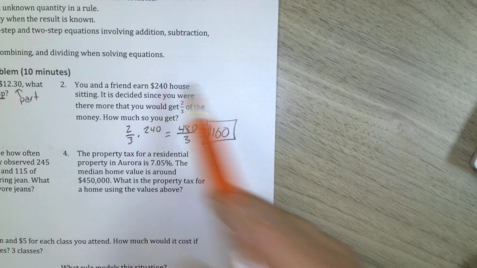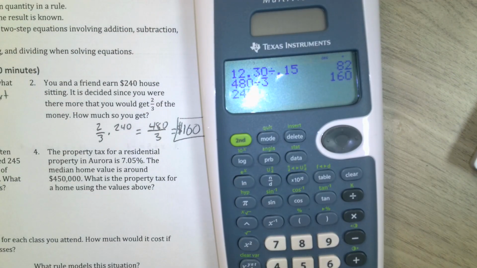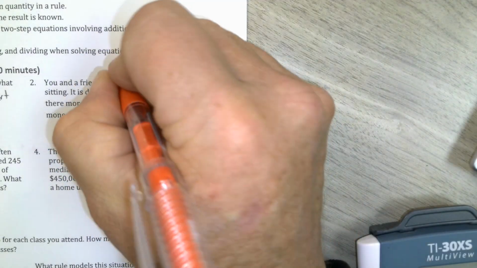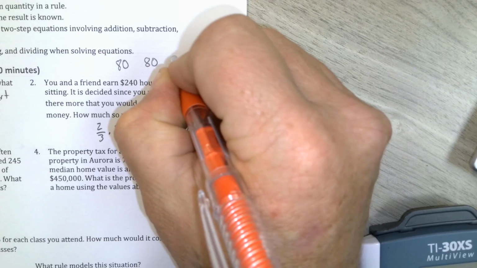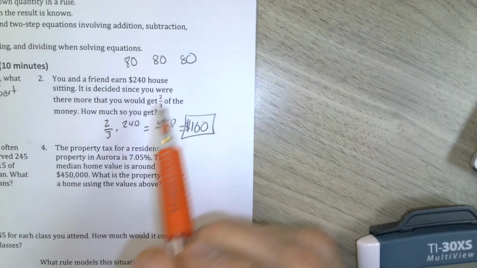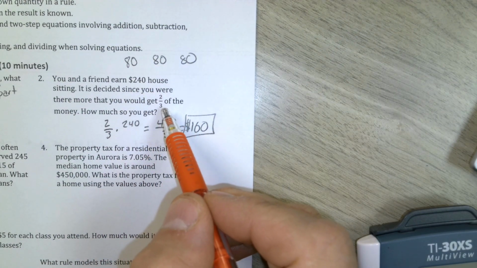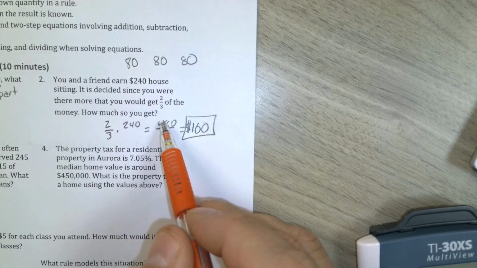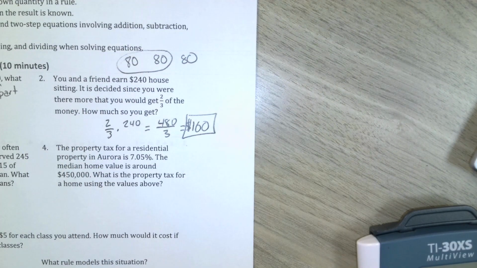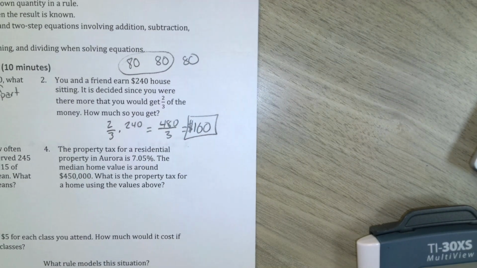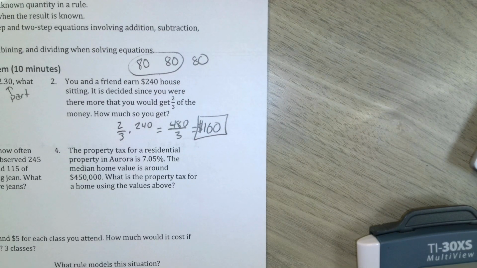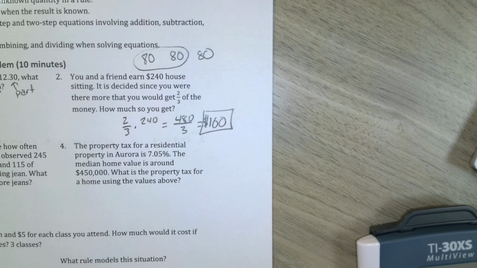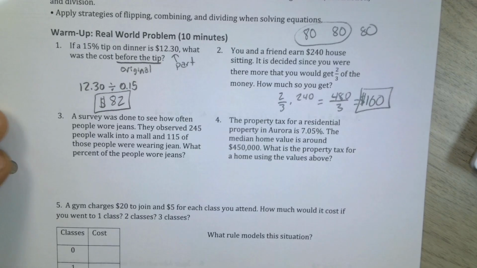Another way to think of it: you take the $240 and divide it into 3 sections, which is 3 sections of 80, and you get 2/3 of the money. Of the 3 portions, you get 2 of those groups. And 80 plus 80 is 160. So just a reminder, if you're finding the percent of something or the fraction of something, this is a multiplication problem.